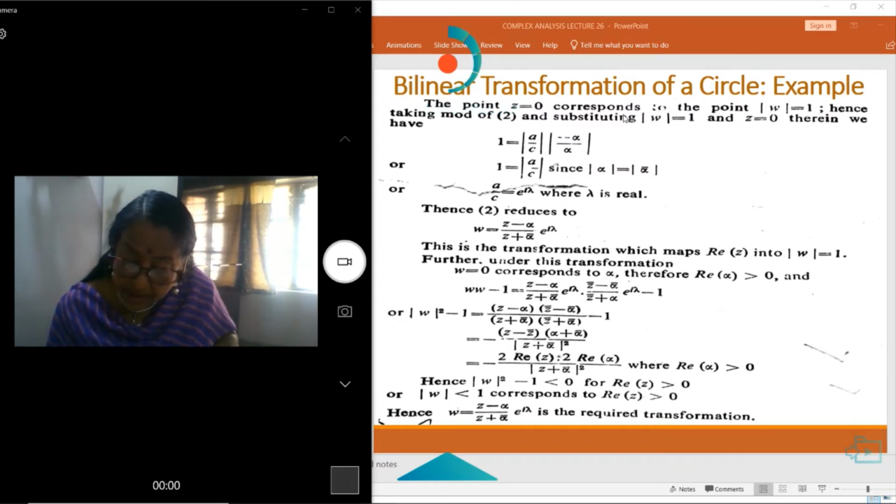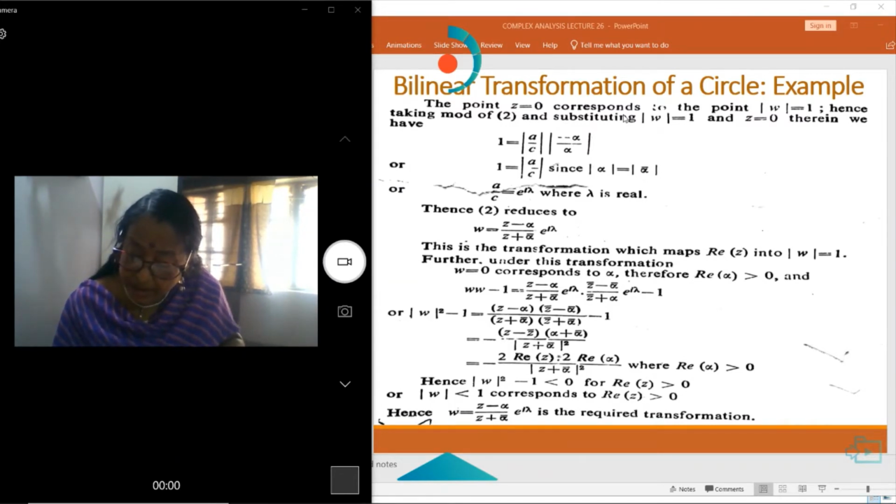After putting this, we get a by c equal to e to the power i lambda, where lambda is real. So w is equal to (z minus alpha) divided by (z plus alpha bar) into e to the power i lambda. Thus the imaginary axis is transformed into |w| equal to 1.